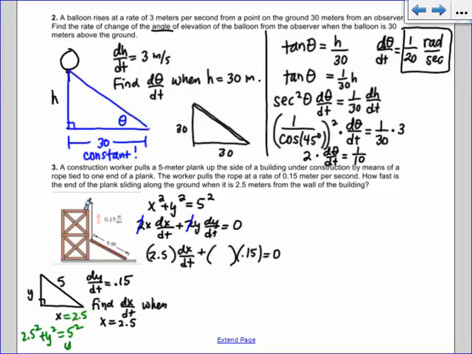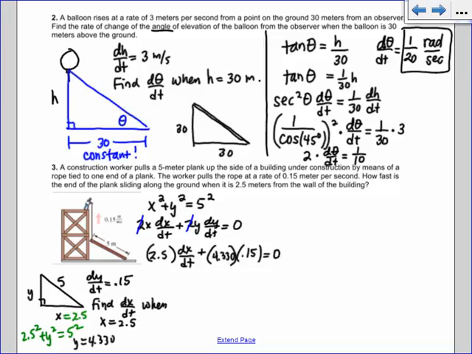So when I do the Pythagorean theorem and solve for y, that's a weird y. Y ends up being 4.330. So I'm going to plug that in. So 4.330 there. But I'm going to keep that number in my calculator because I've rounded. So I keep that 4.330127019 in my calculator. I multiply by 0.15.